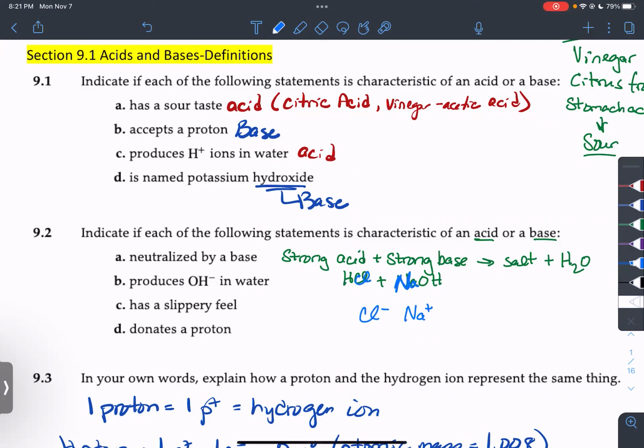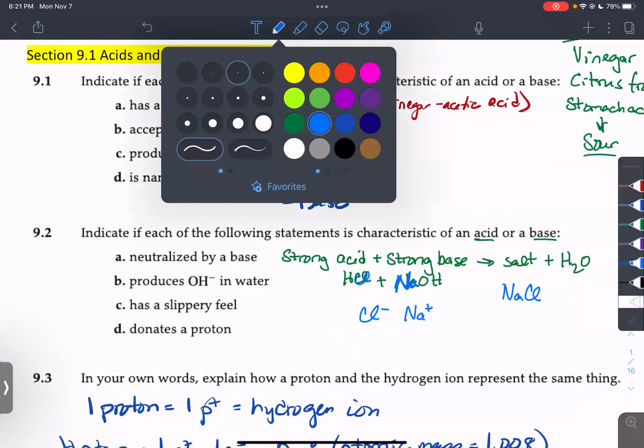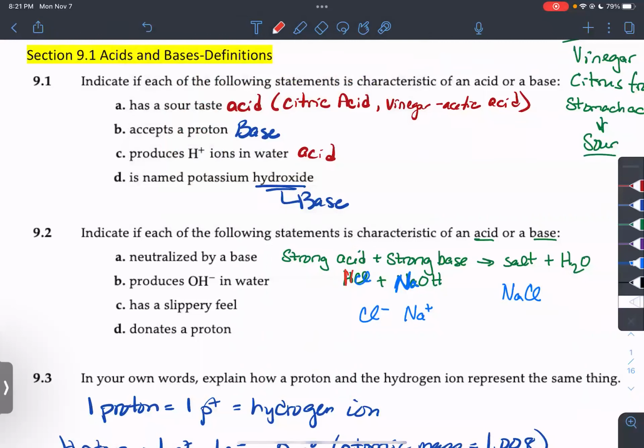So if I combine these two, I get NaCl, right? And then what's left? Well, the only thing that's left is HOH. Well, what does HOH make? HOH makes water. So that's a neutralization reaction.